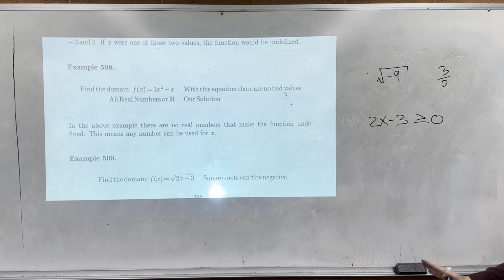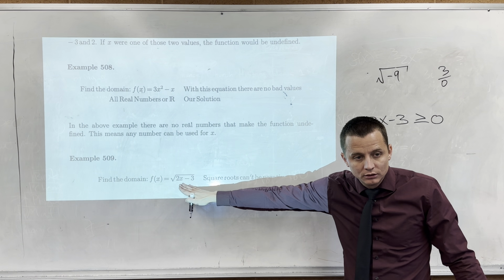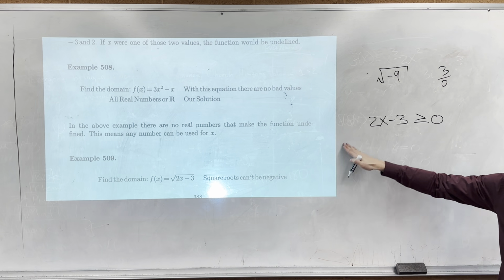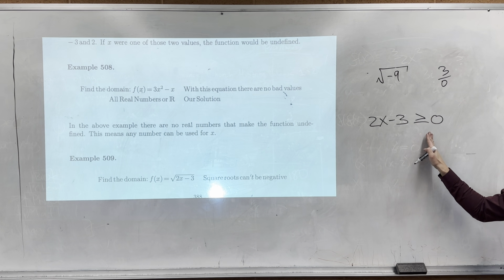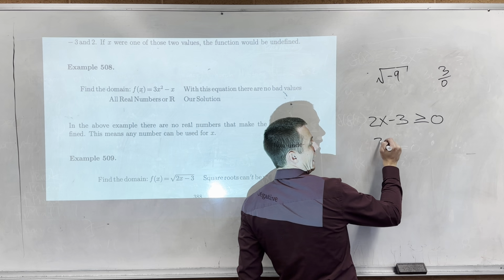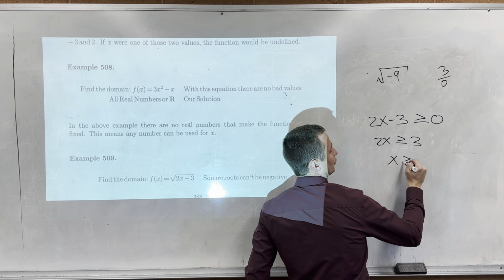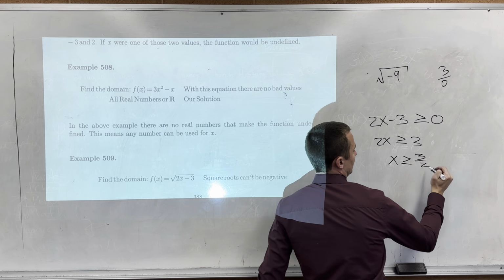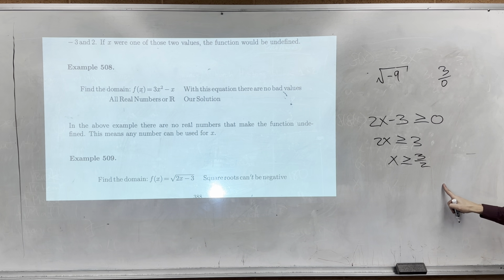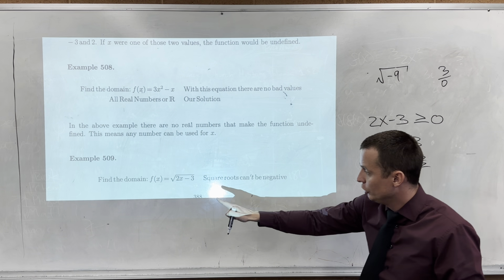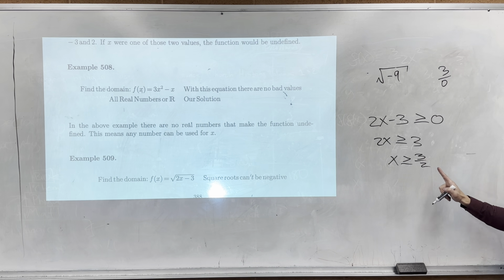Those are the only x values that will work here. It's where 2x minus 3 is greater than or equal to 0. When does that happen? That happens when 2x is greater than or equal to 3, or when x is greater than or equal to 3/2. So that's your domain. All the numbers greater than or equal to 3/2 work. You can plug those in. Any number less than 3/2 will not work.